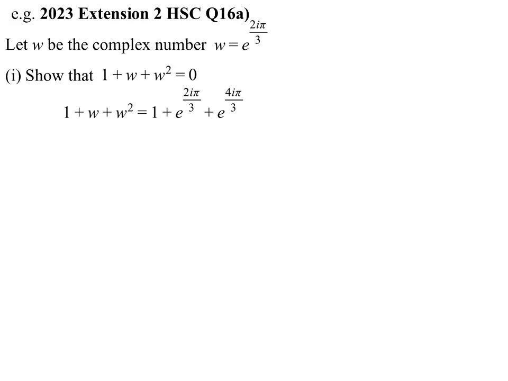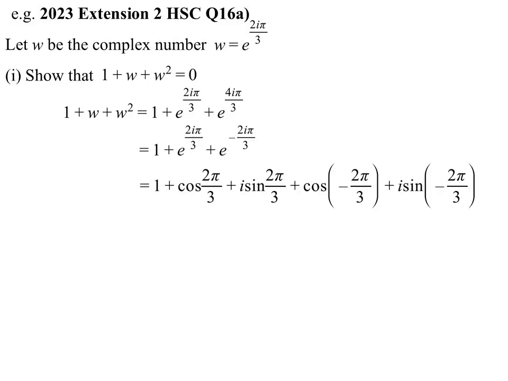Let's actually work out what 1 plus w squared is though. Substitute in. But hang on, argument of 4 pi on 3, remember, exponential periodic function. So it would be the same as e to the power of minus 2i pi on 3. Now I've got a number plus its conjugate. That means I've got twice the real part. I went the long way around to that.